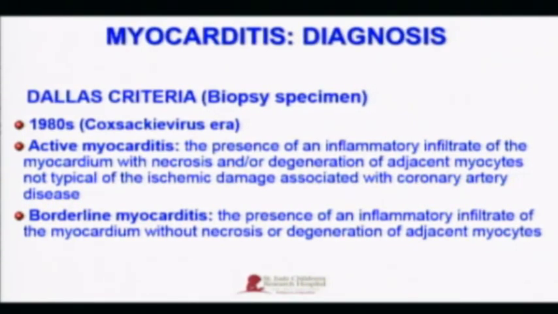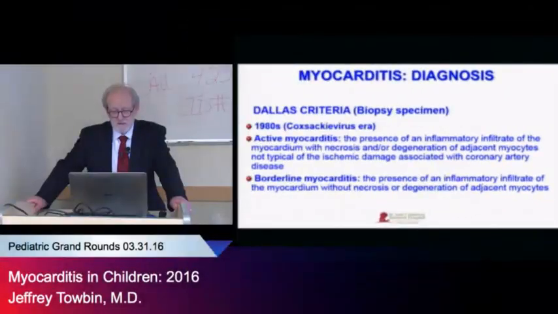And so in the 1980s, the so-called Dallas criteria was put together for biopsy specimens. The Dallas criteria is named such because it was a bunch of pathologists interested in the heart that met in Dallas, Texas, to come up with these diagnostic criteria. This was done during an era when Coxsackie virus was considered the main player in viral myocarditis.